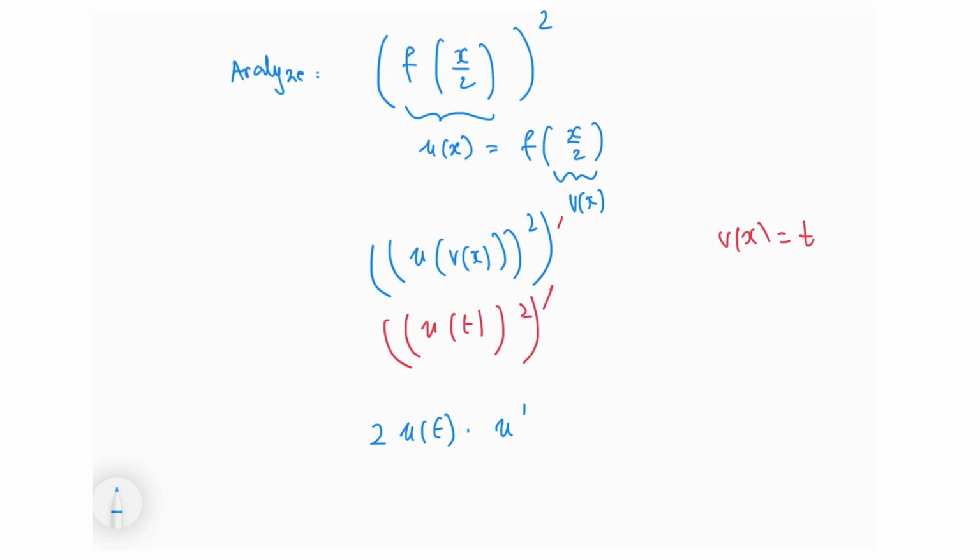And then, knowing that u is u of v of x, this implies that u prime is u prime times v prime.